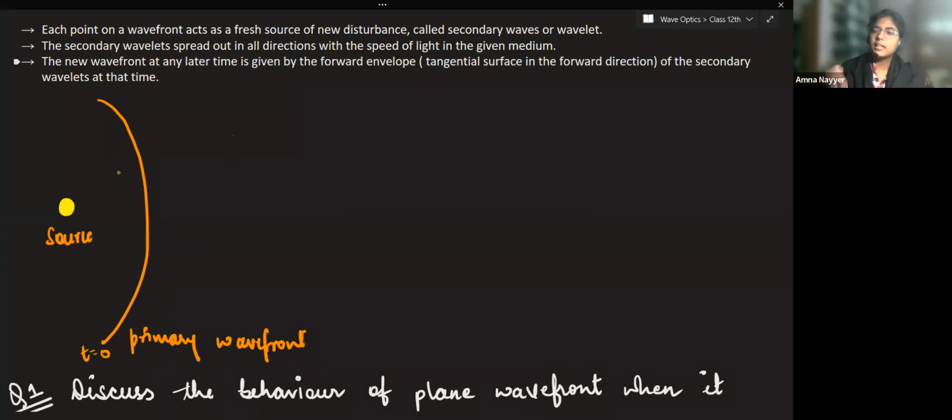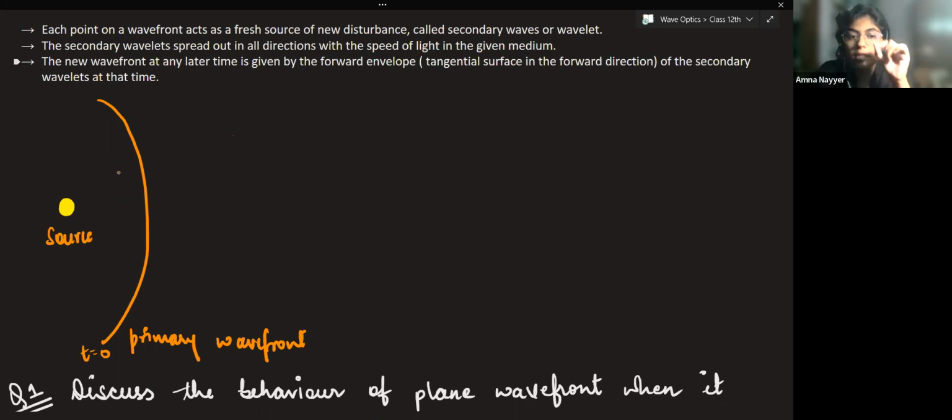It says that this primary wavefront that is formed is a continuous locus of all points. What is a wavefront? Continuous locus of all points. So all these point sources are placed together, and that leads to formation of a complete wavefront.